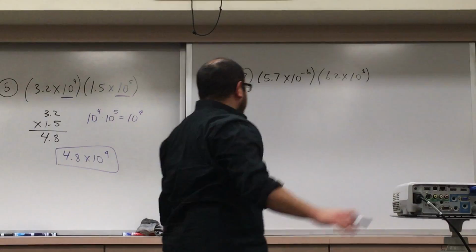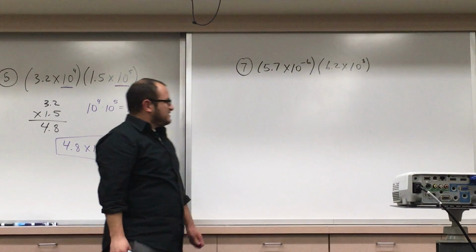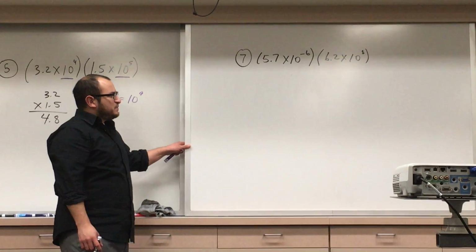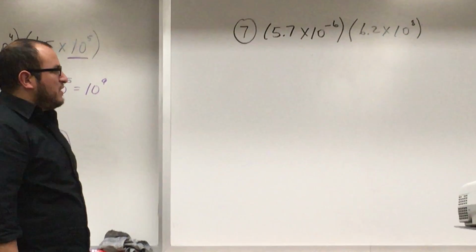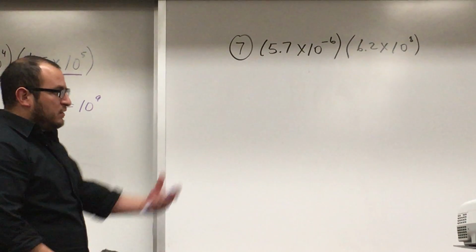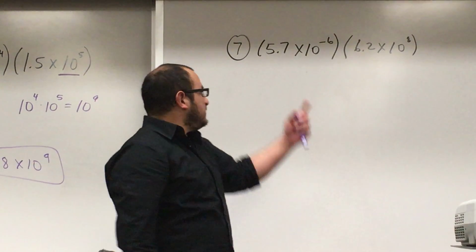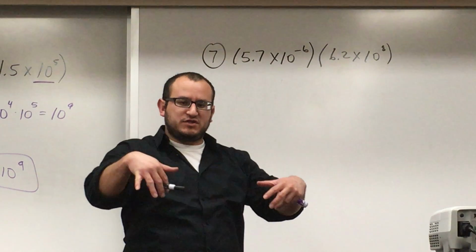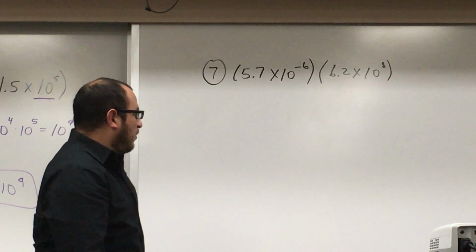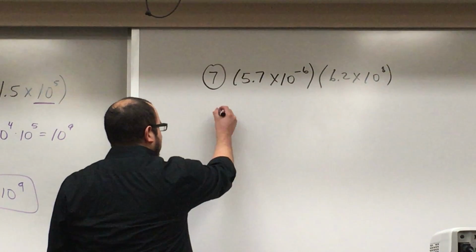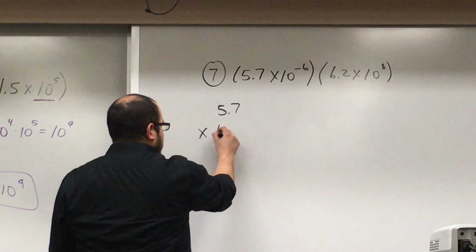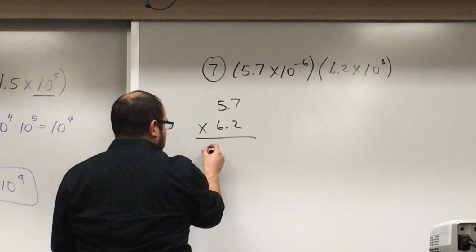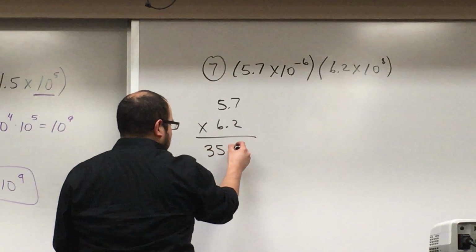Go ahead and turn my slides off. So I have 5.7 times 10 to the negative 6 times 6.2 times 10 to the positive 8. Okay. Again, you could multiply these numbers out and then use your calculator and then work backwards to change it into scientific notation. Or you could simply just multiply 5.7 times 6.2, which is going to give you 35.34.